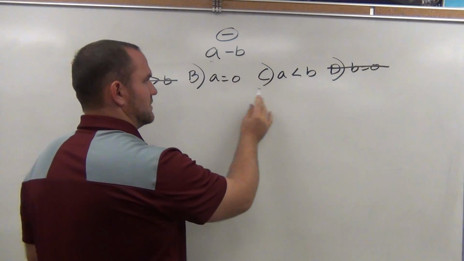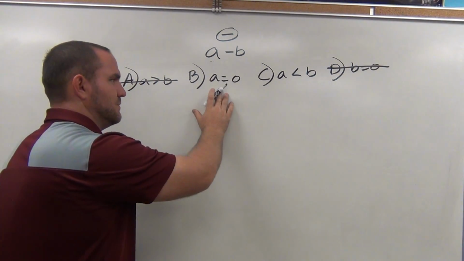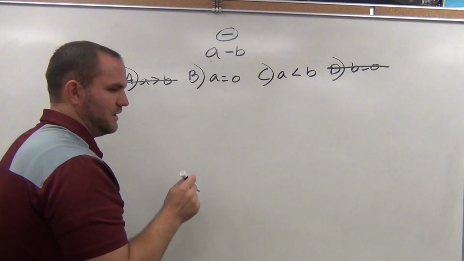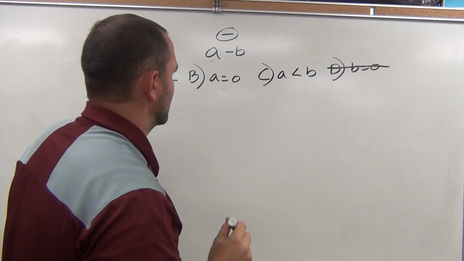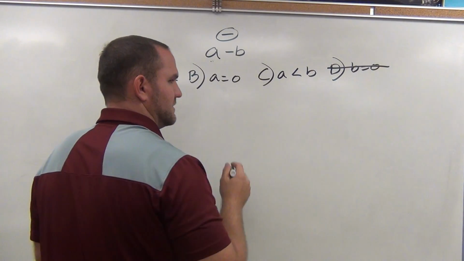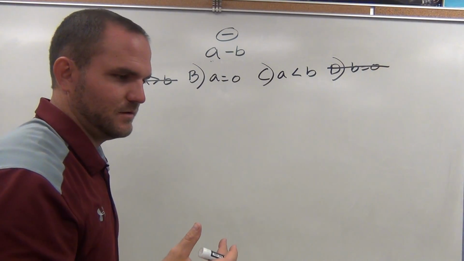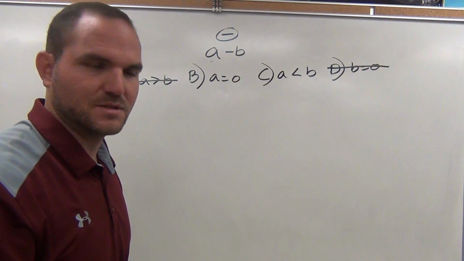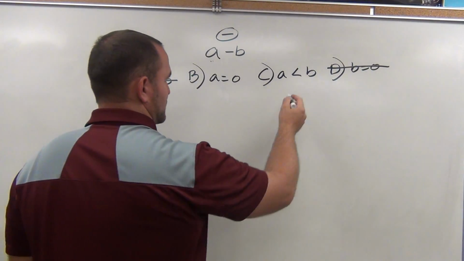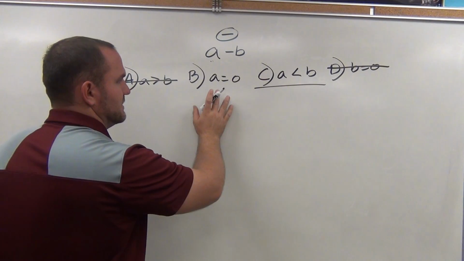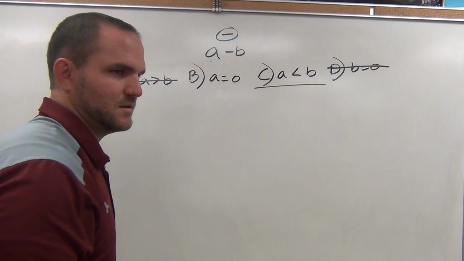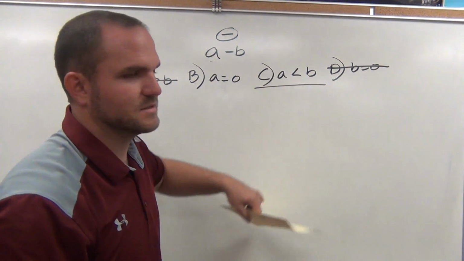Now, this is really close because we made an argument that this could be the right answer, but it was only in that specific instance that 0 would work. So they're kind of a better and best option. So this one would be true, and that would be your actual answer. So this one's there kind of just to trip you up just a little bit, but they're actually wanting this one right here.